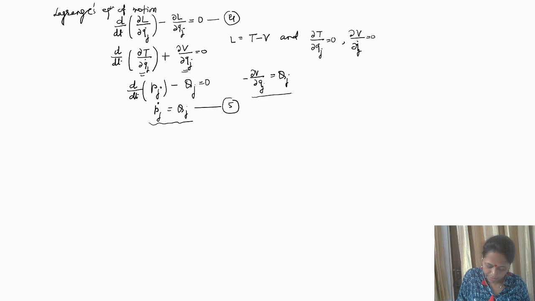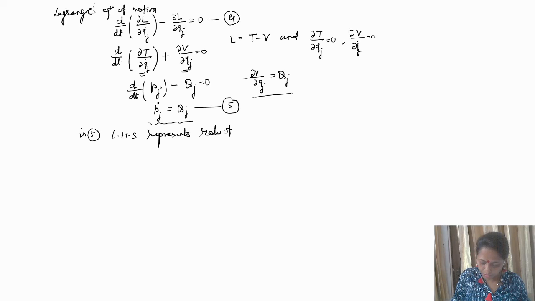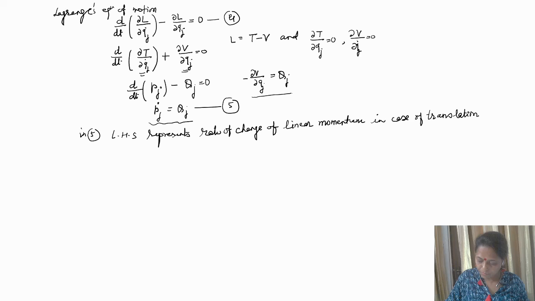I will show that in 5, the left hand side represents rate of change of linear momentum in case of translation, and the right hand side represents forces causing the translation.